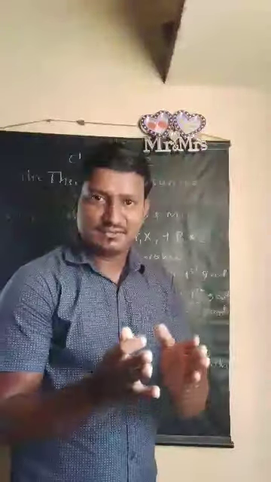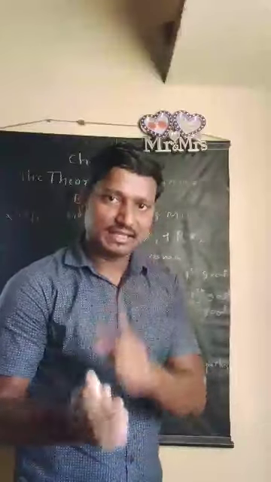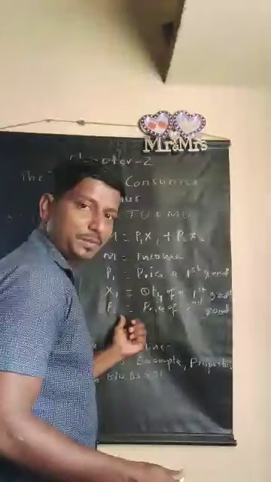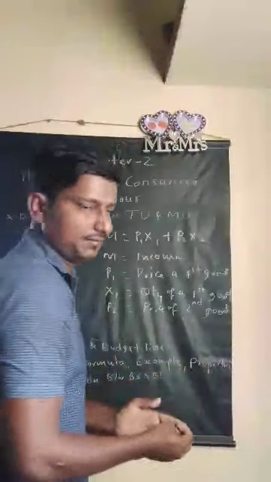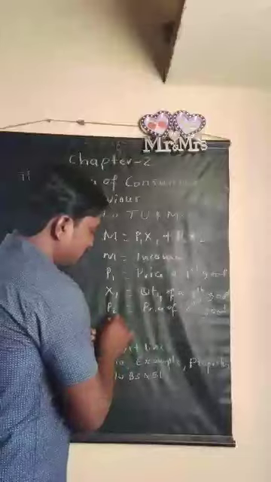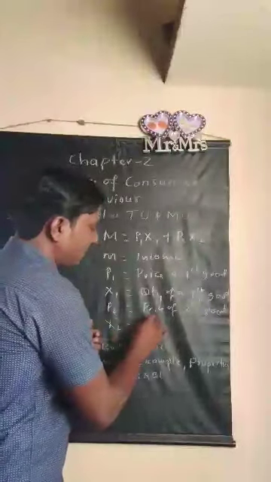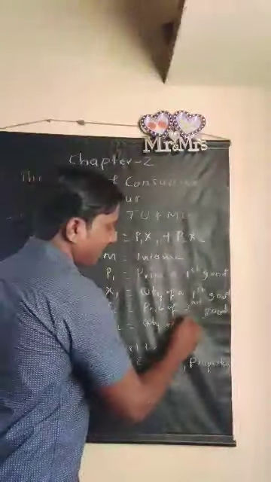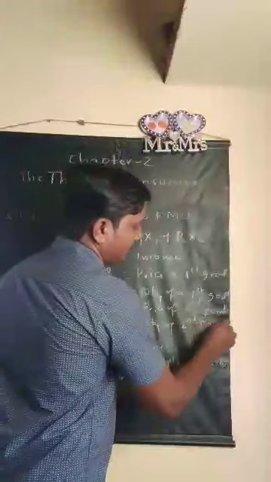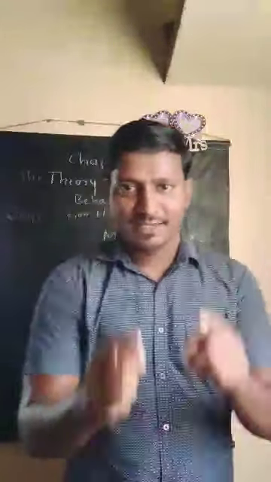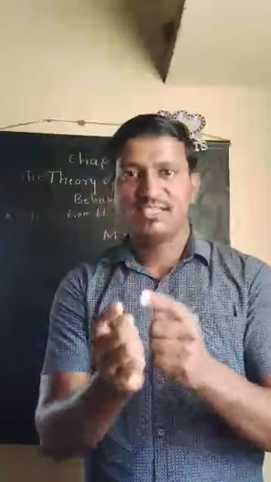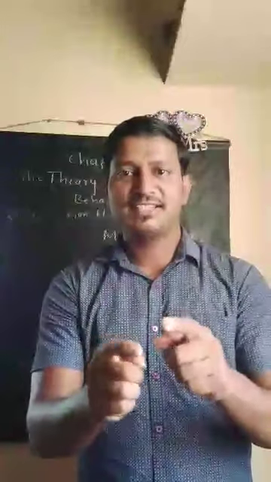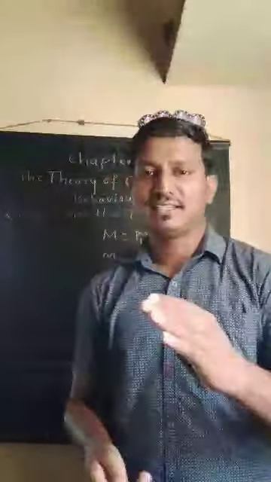As already mentioned, we are taking two goods here, X1 and X2, so P1 and P2 are the prices of X1 and X2. X1 and X2 are the examples we are taking for our calculation here. X2 is the quantity of the second good. So M is money income, P1 is the price of the first commodity, X1 is the quantity of the first commodity, P2 is the price of the second commodity, and X2 is the quantity of the second commodity.